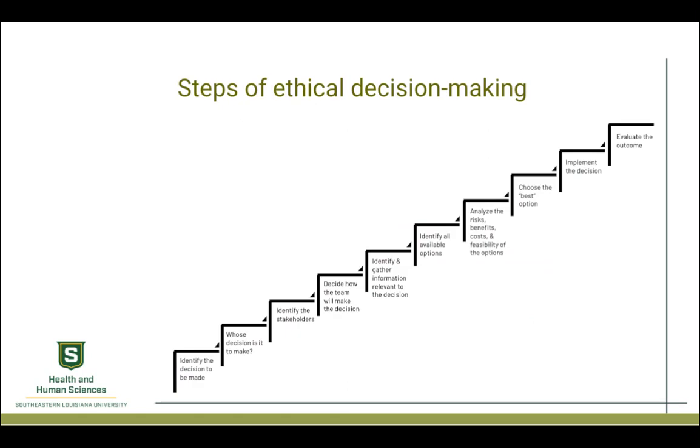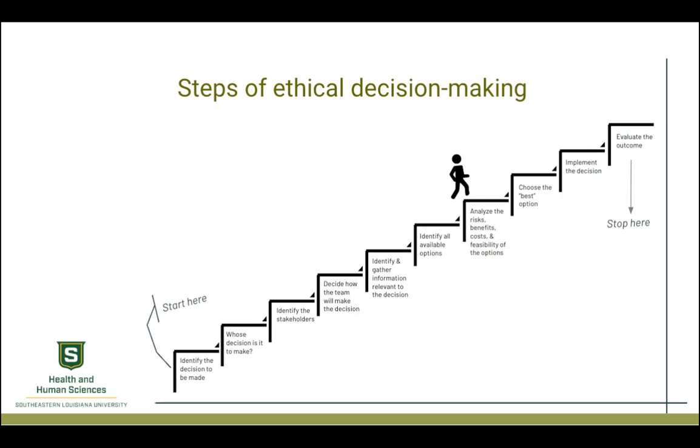So how do you make ethical decisions? You want to start by determining the decisions to be made, and then go all the way to evaluating the outcome of the decision. Of course, after you have evaluated the outcome, that's not where it necessarily ends, because the outcome can create situations in which decisions have to be made again, and then we go through the entire cycle.